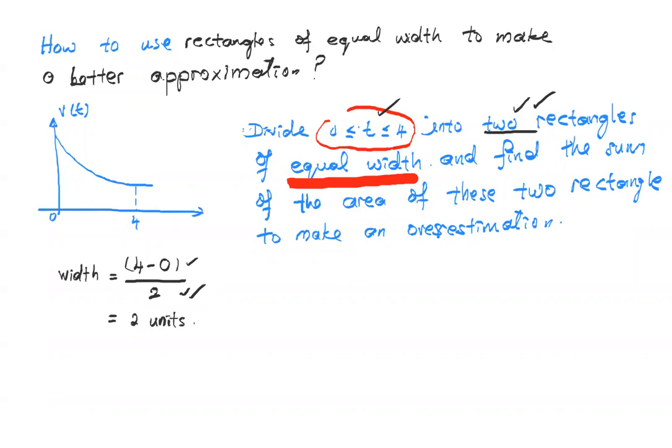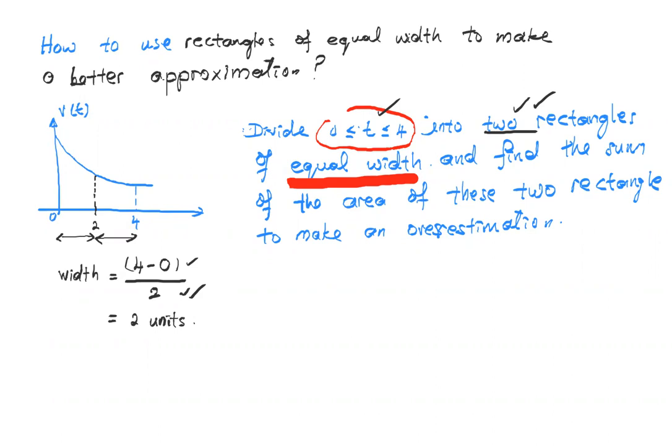All right, so from 0 to 2, 2 to 4. So this will be one rectangle. This will be another rectangle. Am I right? Okay, so now this rectangle, when you talk about a rectangle, you got the width, you must have the height.